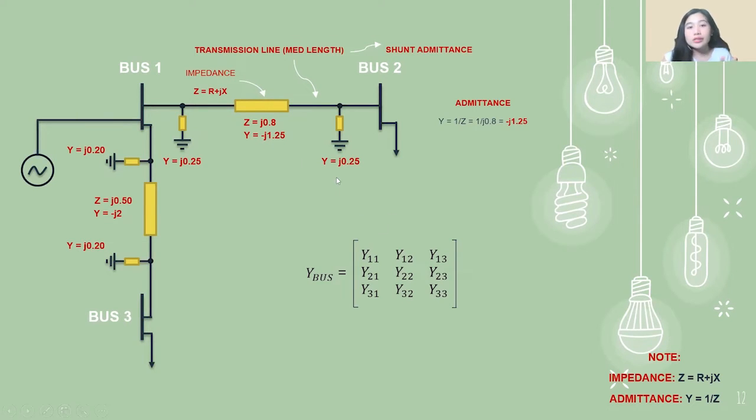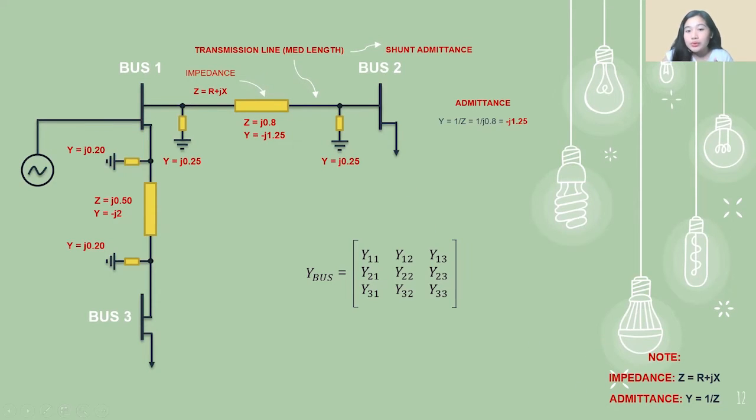Next, our Y13. The only admittance connecting bus 1 and bus 3 is this one. Moving forward to Y21, which is bus 2 and bus 1. What is the admittance connecting bus 2 and bus 1? It is negative j1.25, just the same as Y12.